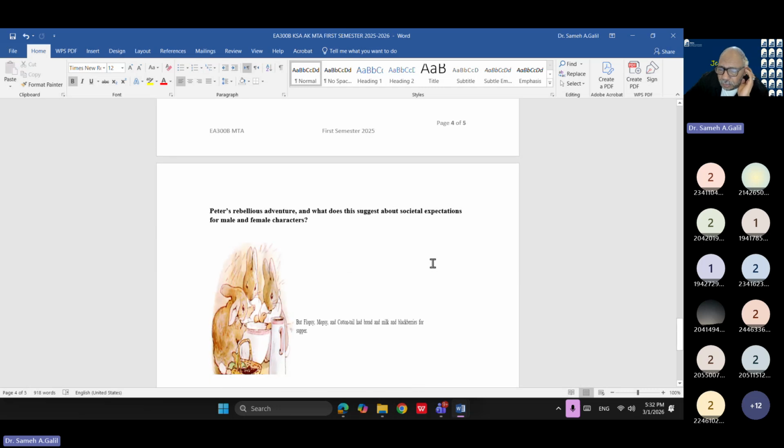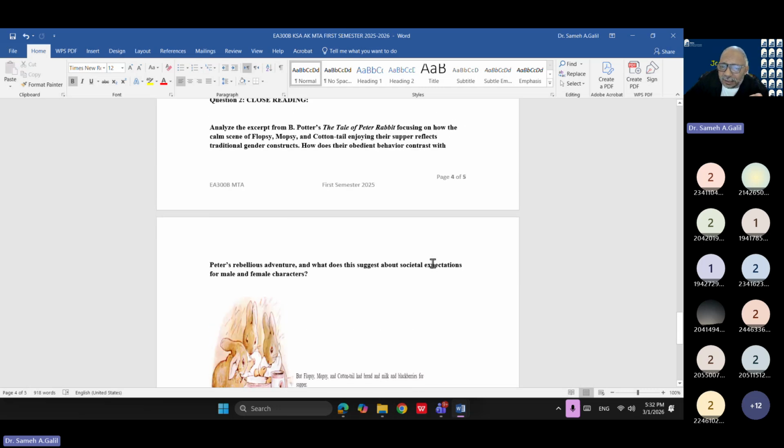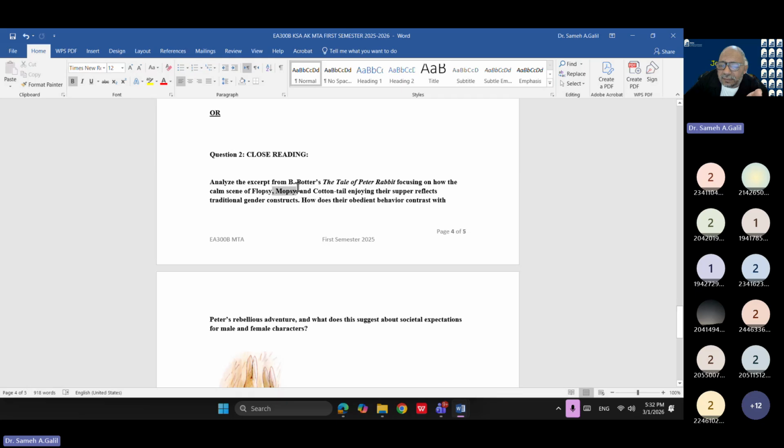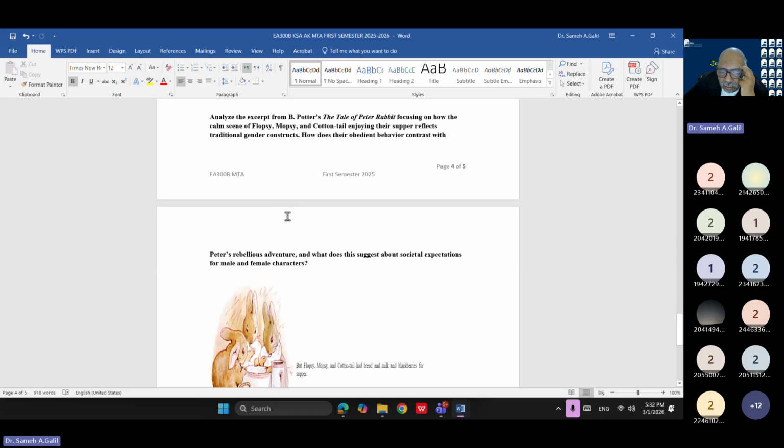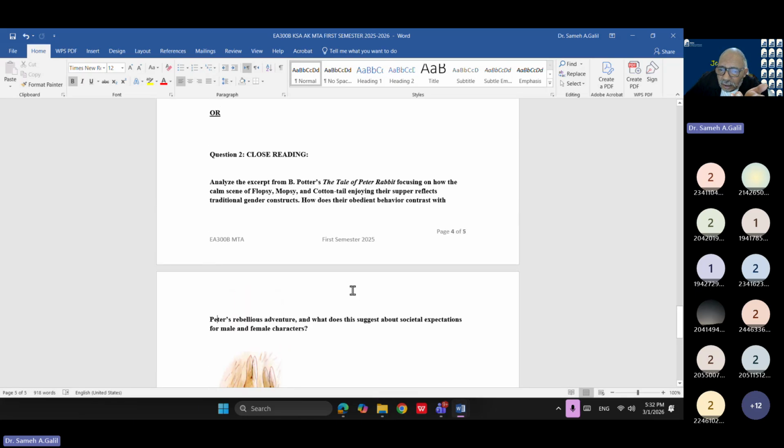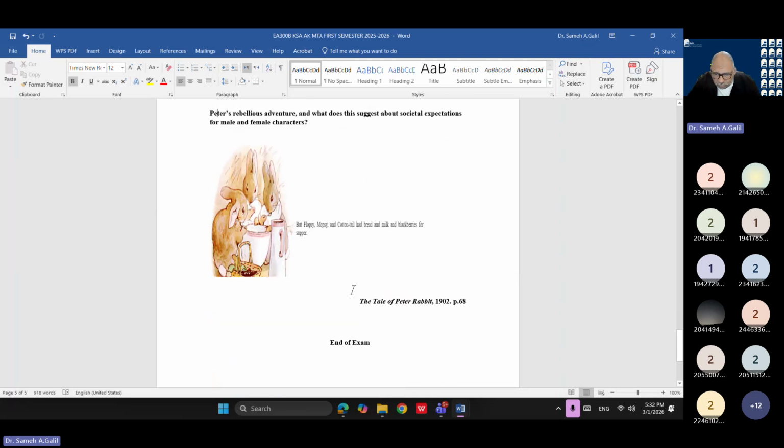Elaboration is about expanding on the ideas that we have already given you. Well, I'm telling you, for God's sake, that it's about traditional gender. And we spoke enough about gender, right? We're talking about Peter and his rebellious adventure and whether this is in accordance with his gender or perhaps different. Easy question, like you see.